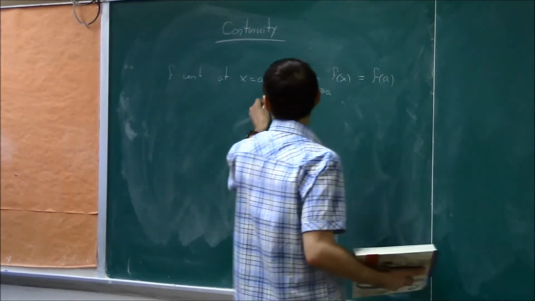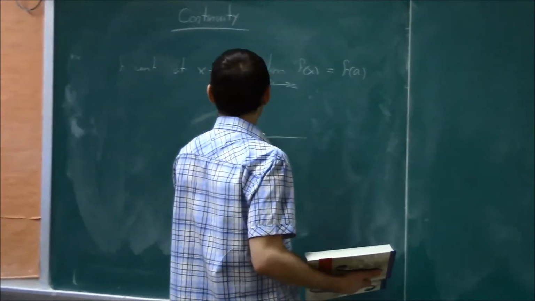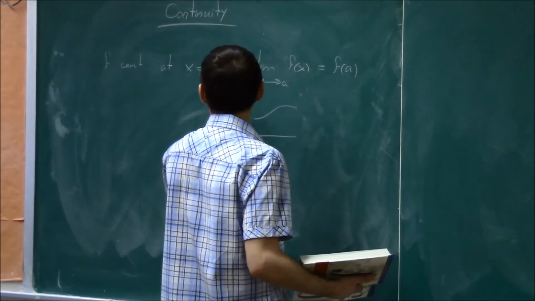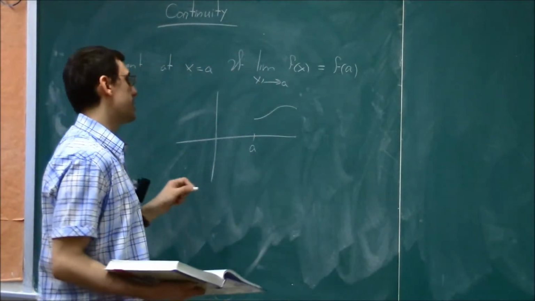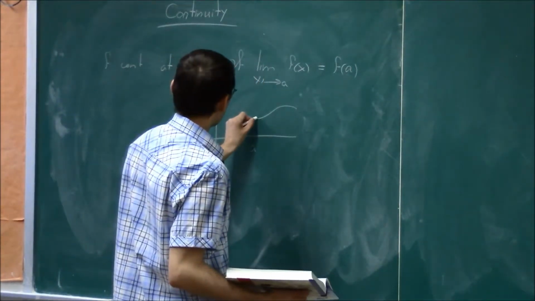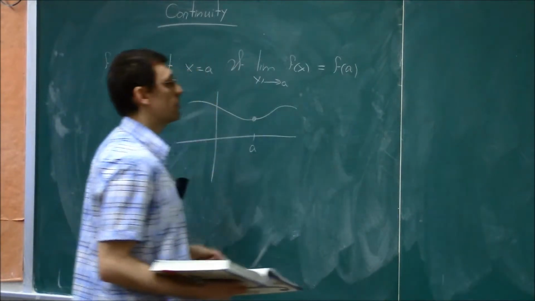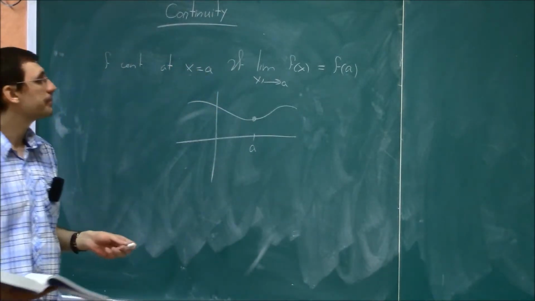So that means that if I look near a and I think of the graph of my function as a wire, the wire is intact at the location where x is equal to a.